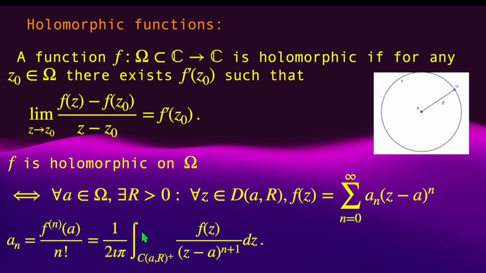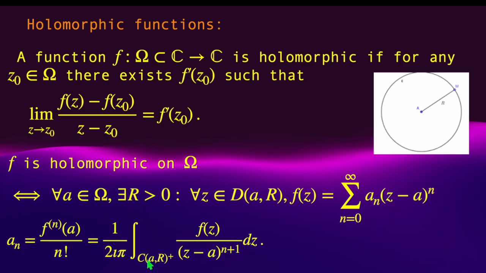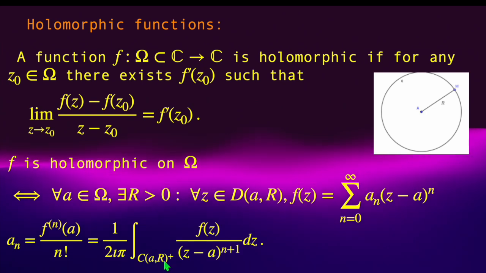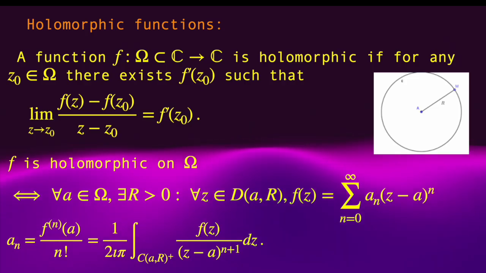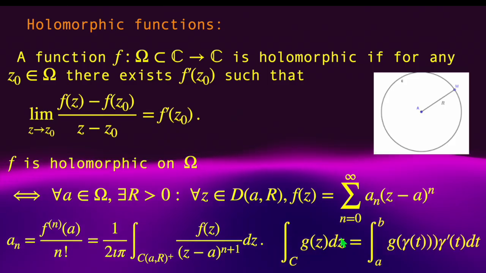Here we have the complex integral over the circle of center a and radius r, positively oriented. And the definition of the complex integral is given by this formula.